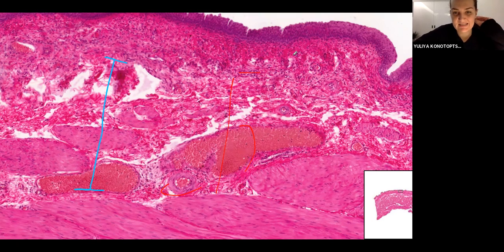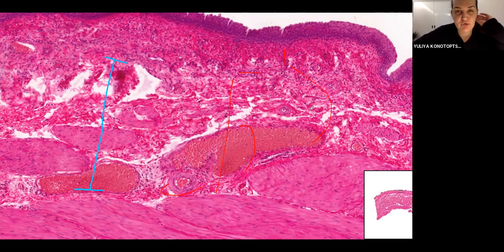Okay, so it's a dense connective tissue with blood vessels, which is kind of connecting your lamina propria to the muscularis externa. So you wouldn't call it submucosa. You can't technically say that this is a submucosa layer, but it's a submucosa-like layer, okay? Because it's kind of connecting the two areas.